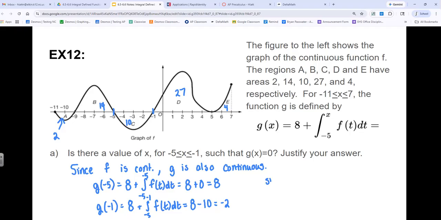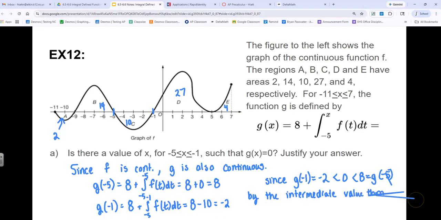So we would say since G of negative 1, which equals negative 2, is less than 0, less than 8, which is equal to G of negative 5, by the intermediate value theorem, there is a value of x for negative 5 less than or equal to x less than or equal to 1, such that g of x equals 0.